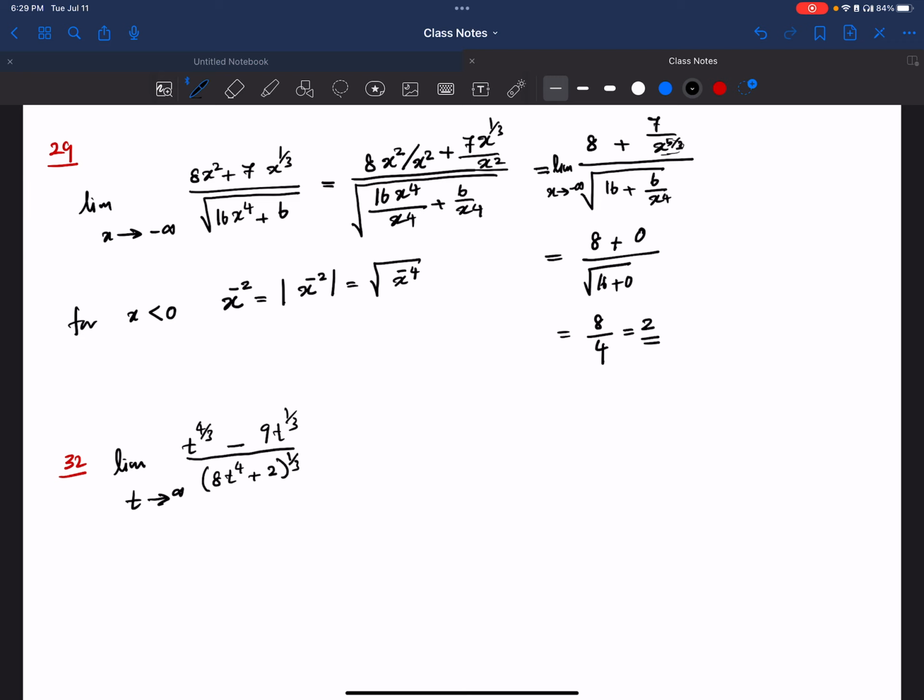The highest power in the denominator, you can take it as t to the power 4.